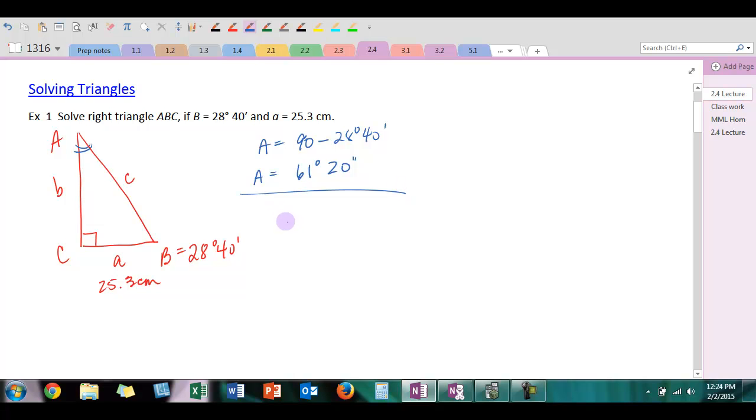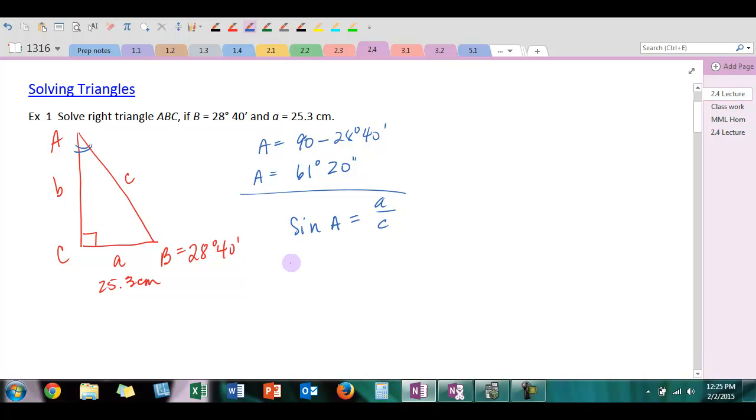I happened to look at this one day and I said, okay, I know that the sine of angle A is equal to opposite over hypotenuse, A over C. Well, I know what the angle A is. I also know what side A is. So in this equation, I can fill in my missing pieces and solve for side C.